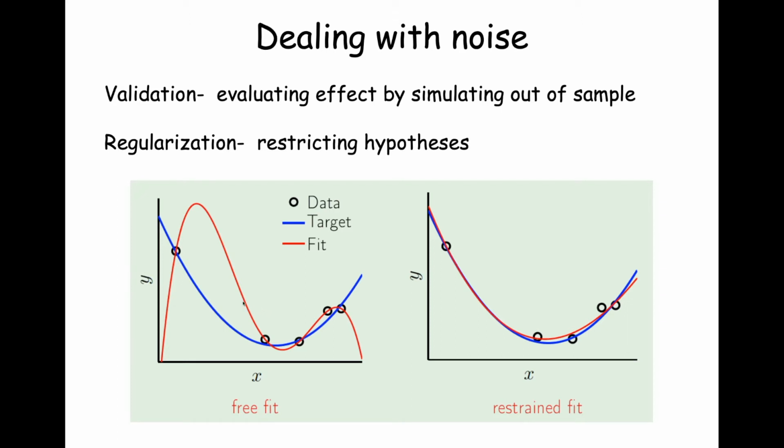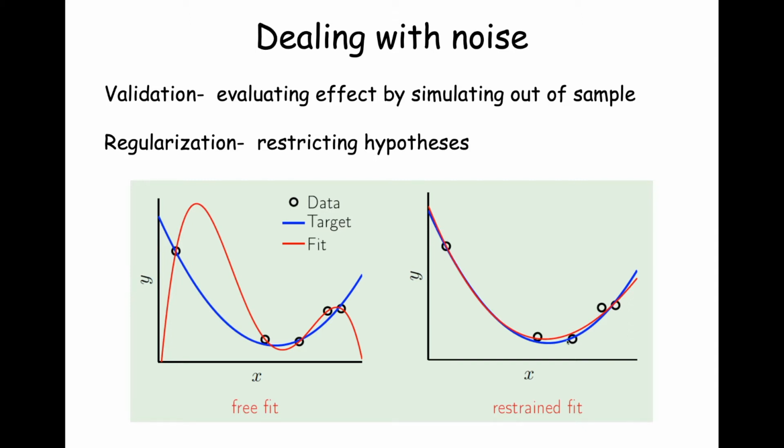The idea is that it will have high out of sample error, because if you look at all these distances between the target function and the red curve and add them all up, that's going to be a pretty large number. But if we restrain the fit, then we get something that looks like this.